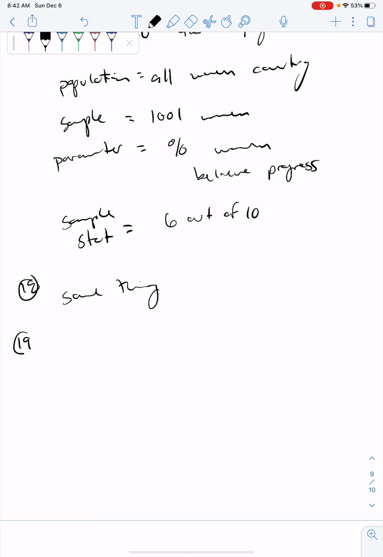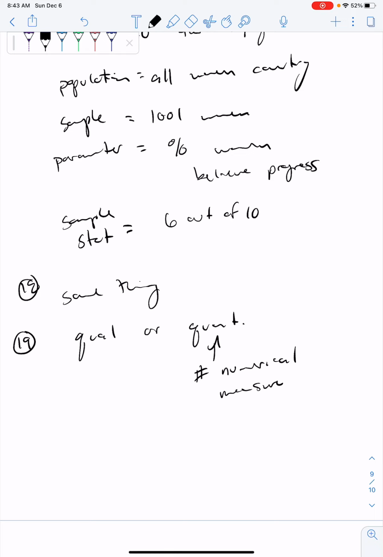Number 19, determine whether the following variable is qualitative or quantitative. So qualitative or quantitative. Remember, quantitative is numerical. Okay, it's numerical. It's something that you can measure. Qualitative is not. So for me, number 19 says the flavors of ice cream at an ice cream parlor.